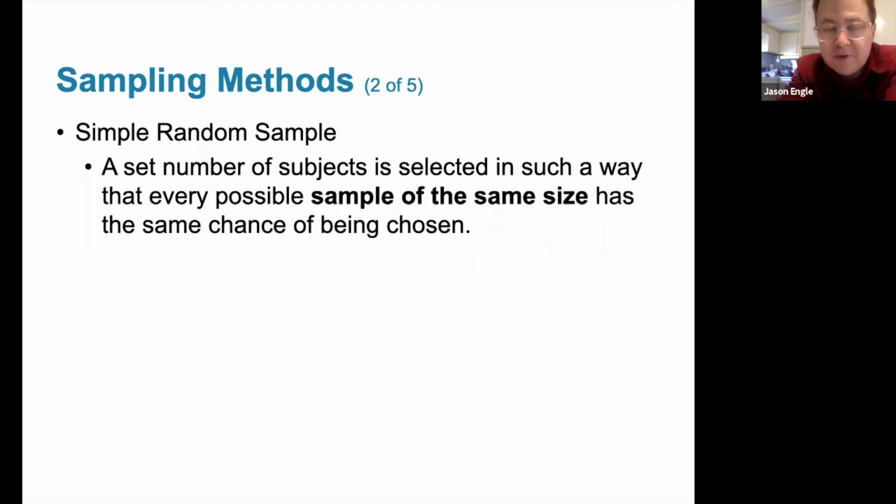A lot of people, even myself, don't have a landline. I just use a cell phone, and I think a lot of other people are like that too. So people like that won't have a chance of being chosen. To really be a simple random sample, the key phrase is that every possible sample of a particular size has the same chance of being chosen, meaning everybody has an equal chance of being chosen. Okay.